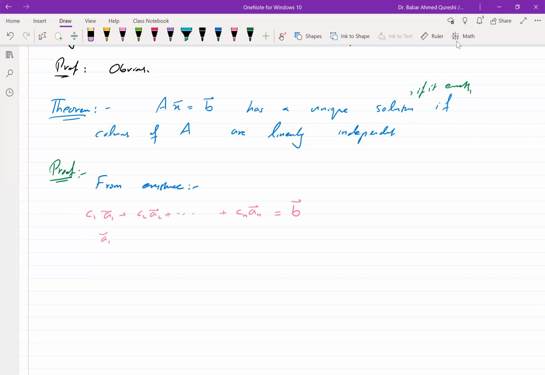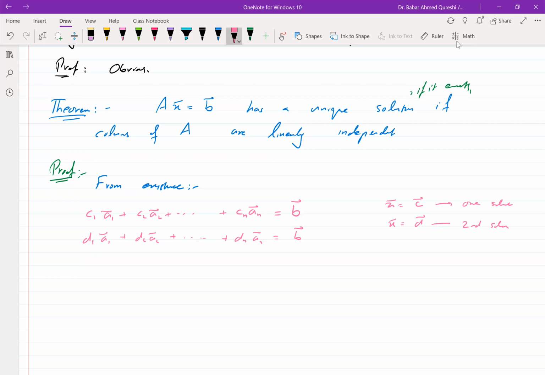So let's say, suppose there's another solution, D1, and that is also B, has to be B. So X is equal to C, this is one solution, and X is equal to D, this is the second solution.